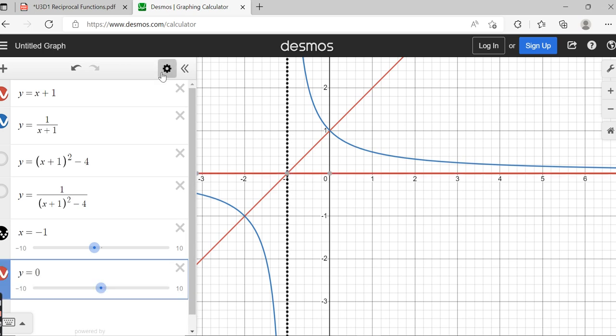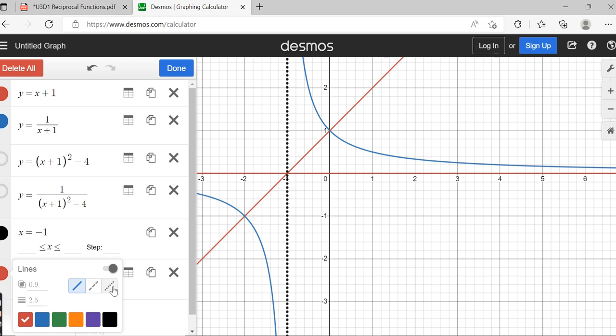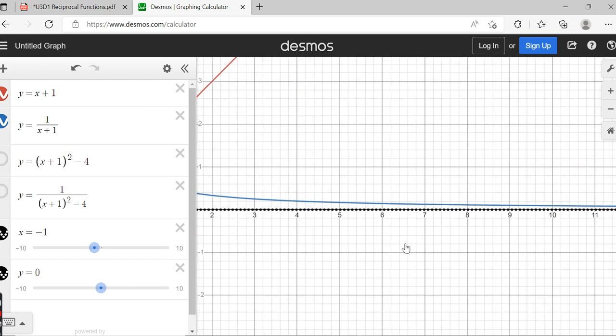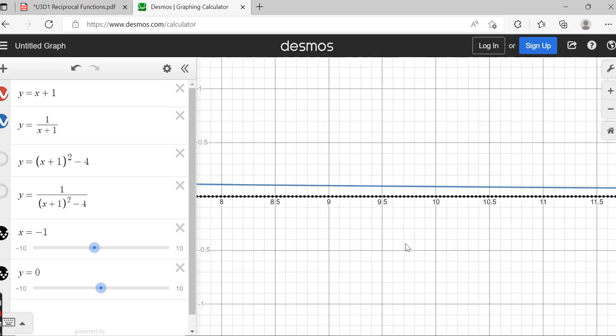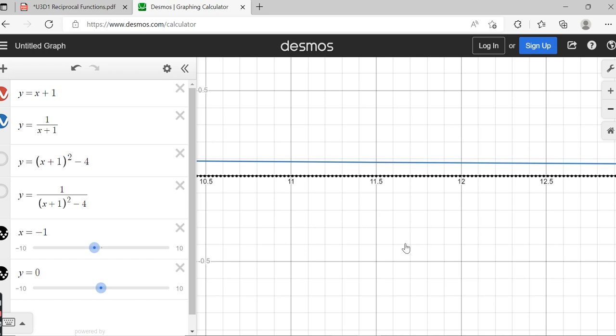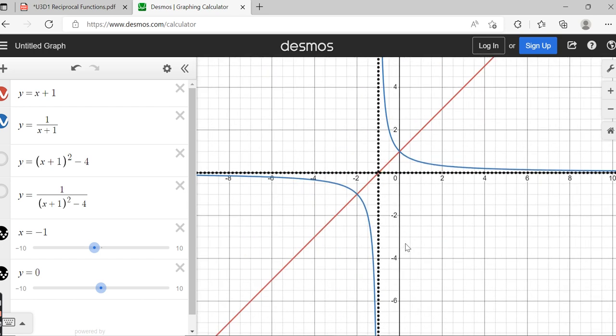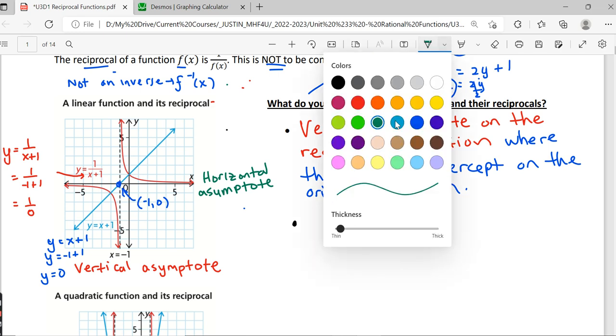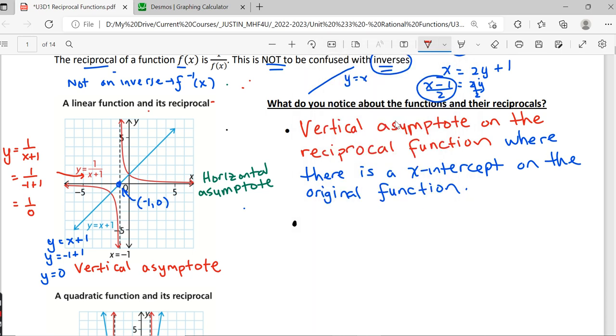I'm going to make this black as well. Okay. But it never actually touches the x-axis. Okay. Now, why is that? Well, if you look at your reciprocal function, which is the red graph, and I want to solve for y equals 0, because that would be the horizontal line, right?